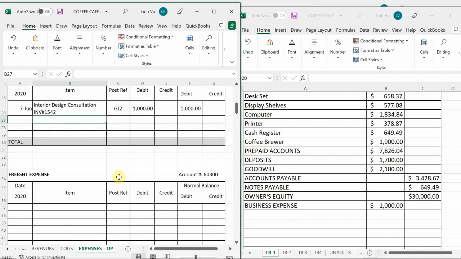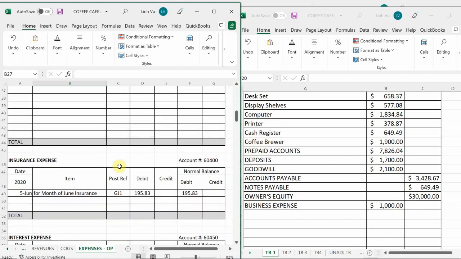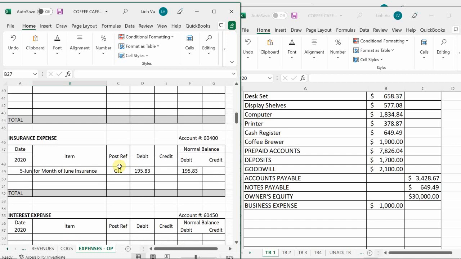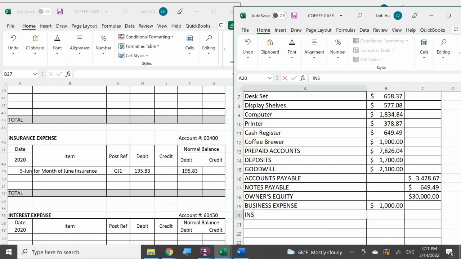Let's see what else we have here. Did we have any freight expense? Well, we haven't purchased inventory yet, so no freight expense. What about insurance expense? Yes, we do. We had to pay for the month of insurance to cover June. And how much was that for?